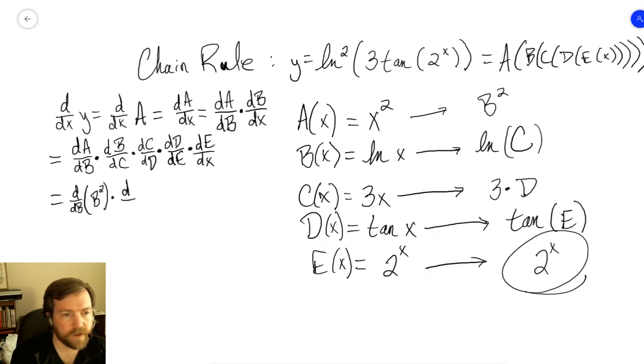Times d/dc of, replace b, which is the natural log of c. Times d/dd of c, which is 3d.